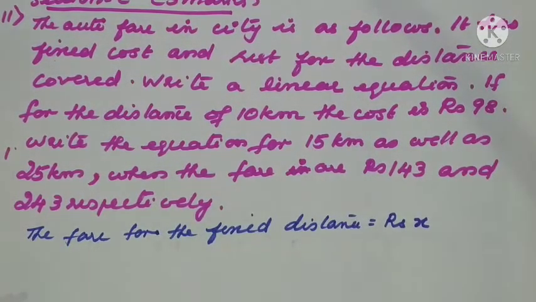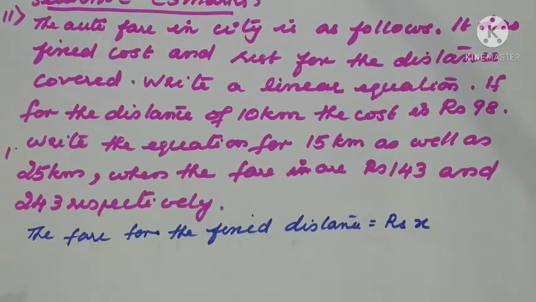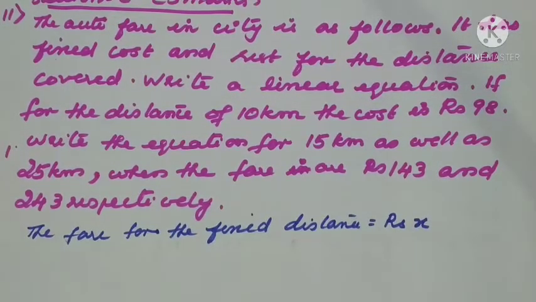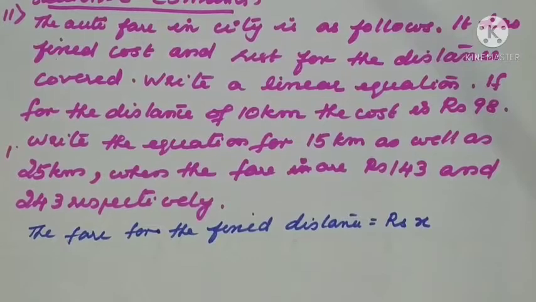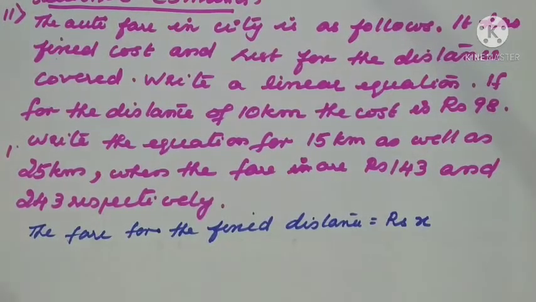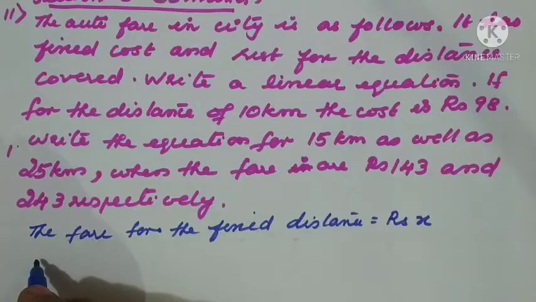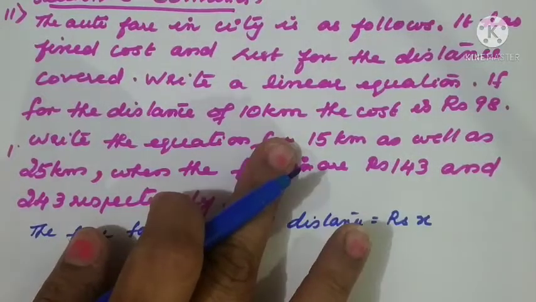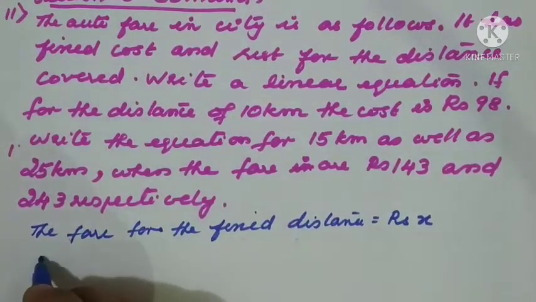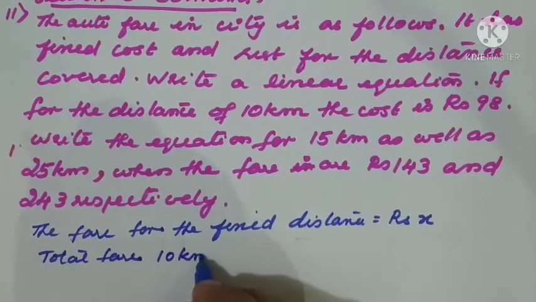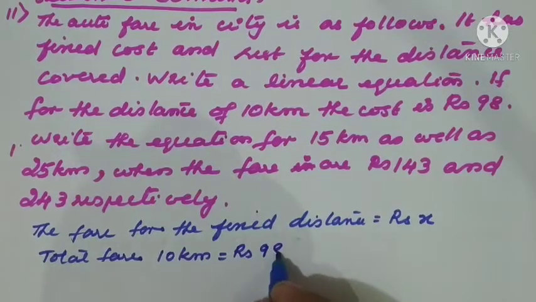So if for 10 km the cost is rupees 98, the remaining distance is 10 km, and the cost for it will be calculated as Y. So what is the linear equation? X plus 10y equal to 98. The total fare for 10 km equals rupees 98, right?